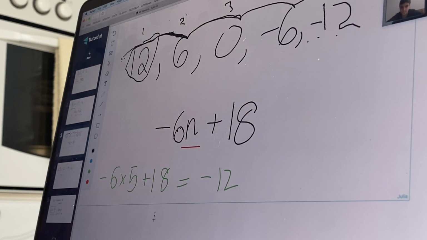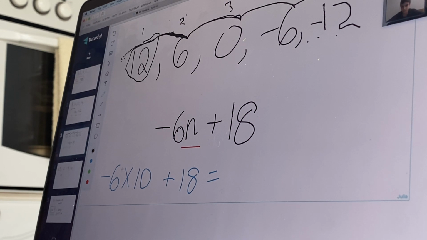Now let's do a little bit trickier. Let's do the 10th term. How would you find the 10th term? So 6n times 10 and 18. Minus 6. Yeah, minus 6 multiplied by 10 and 18. Perfect. Okay, and what does that give us?